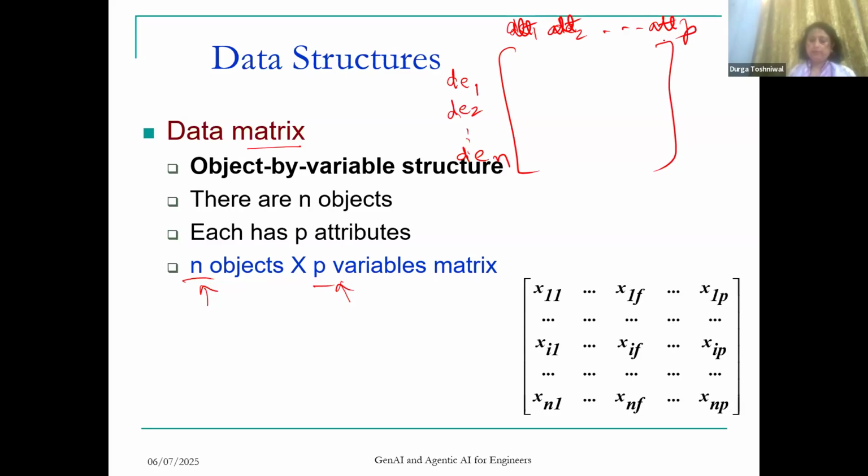Okay. So each data element is represented as a row in this matrix, and the corresponding attribute values will be the values of this particular row. This is called an n cross p matrix, and its name is data matrix. So sometimes we try to represent the data in this form, and then we are going to use this matrix to find out similarity and all that stuff.